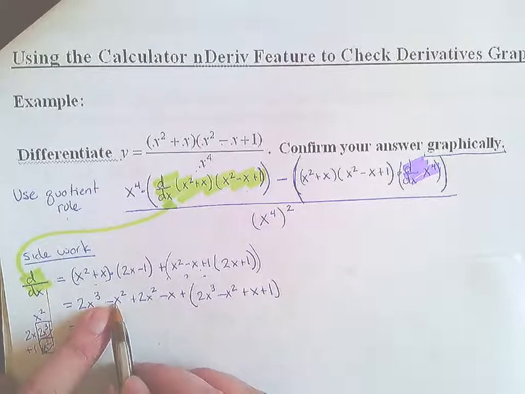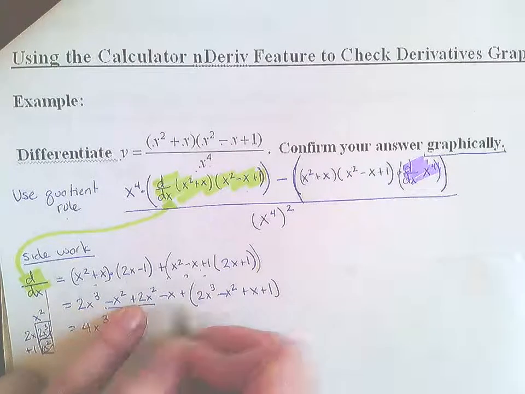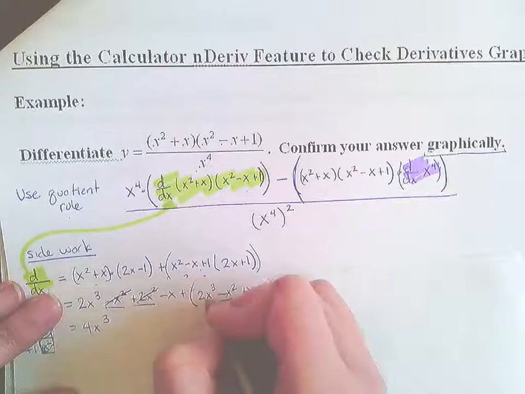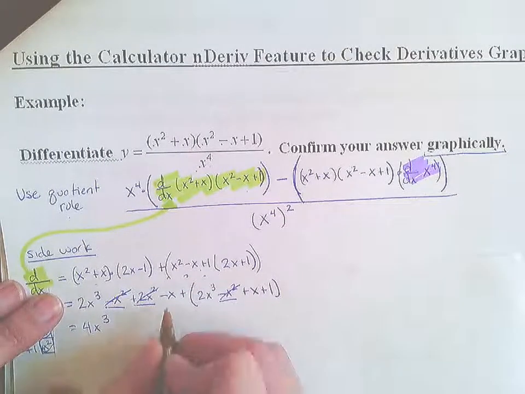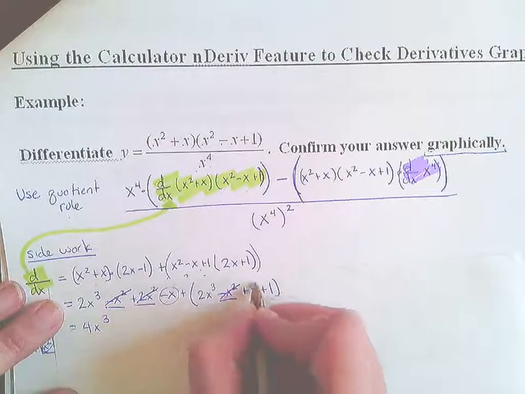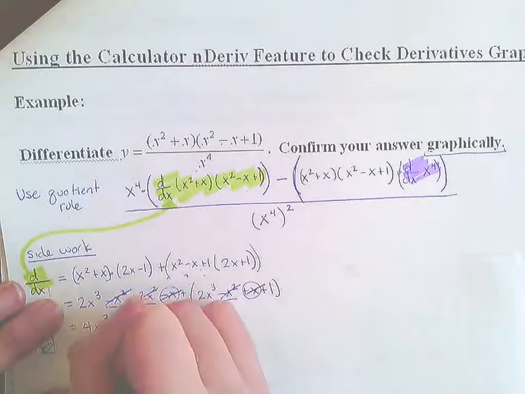Negative x squared plus 2x squared is 1x squared. Minus an x squared, what happens to all of them? They're gone. Here we got the negative x plus the x. That is also gone. And then you're left with plus 1.